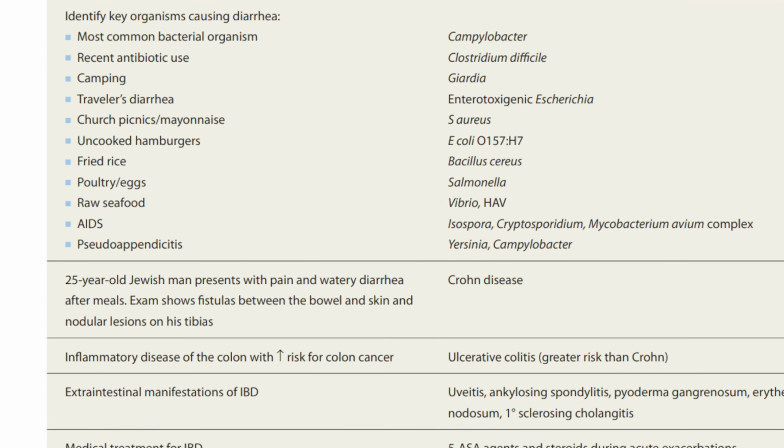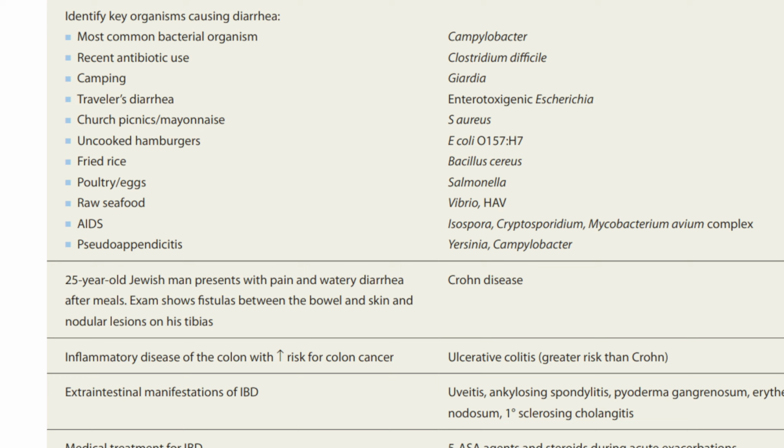Identify the key organism causing diarrhea. The most common bacterial organism is Campylobacter. Recent antibiotic use suggests Clostridium difficile.